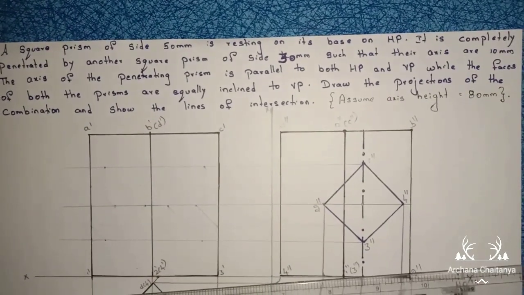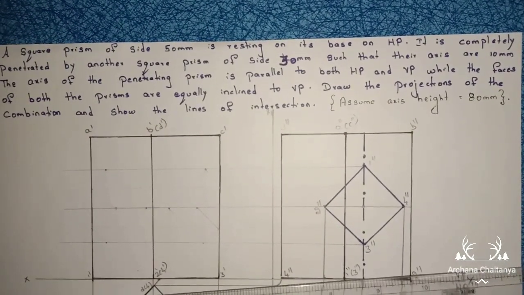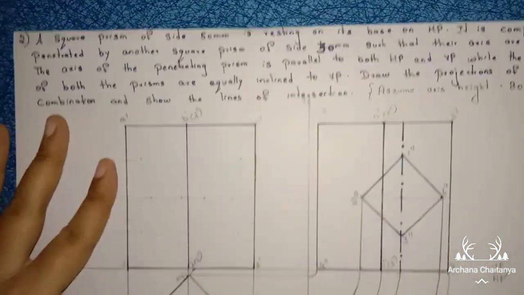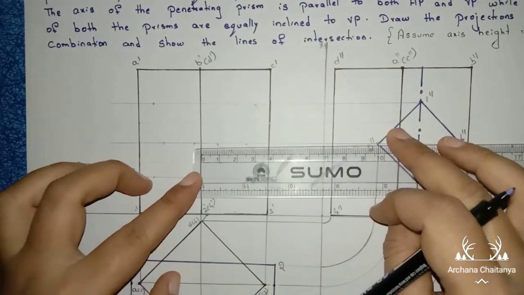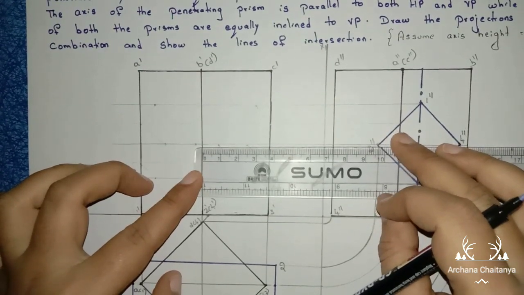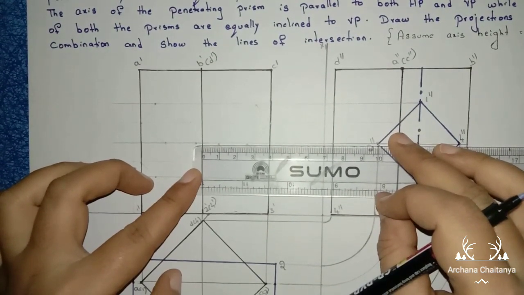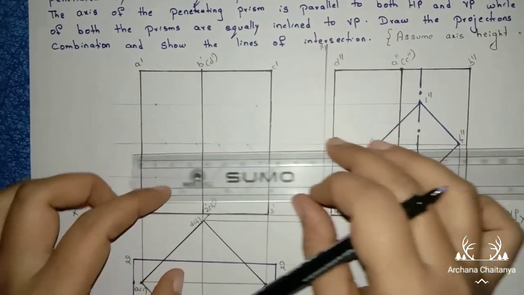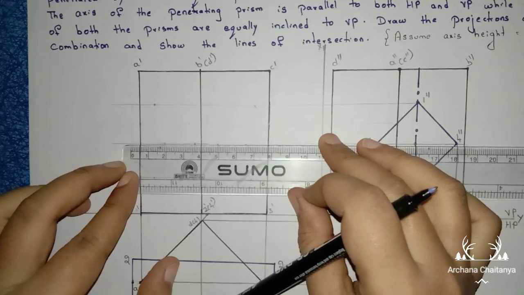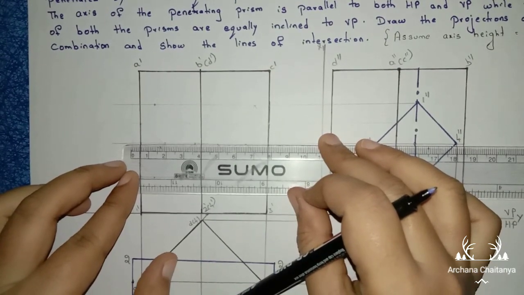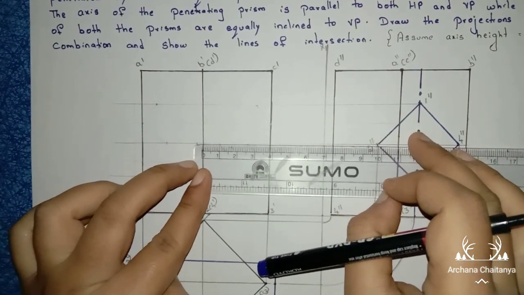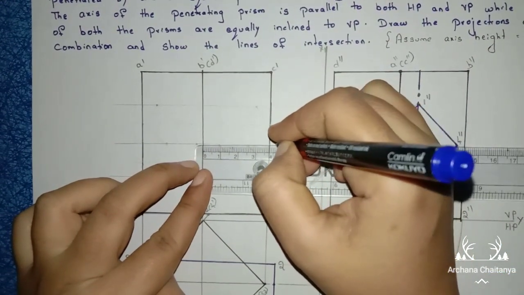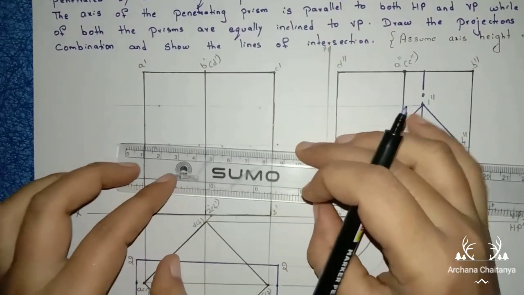Now same process, axis height is here 80 mm. So this is the midpoint line. So through this midpoint line, I am taking 40 mm. So here I should take 40 mm. Right, and here I should take 40 mm.